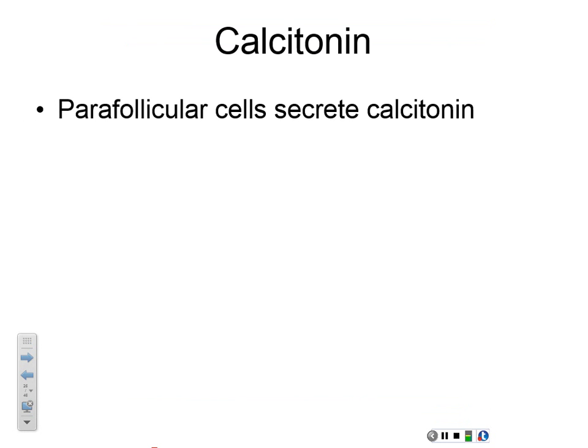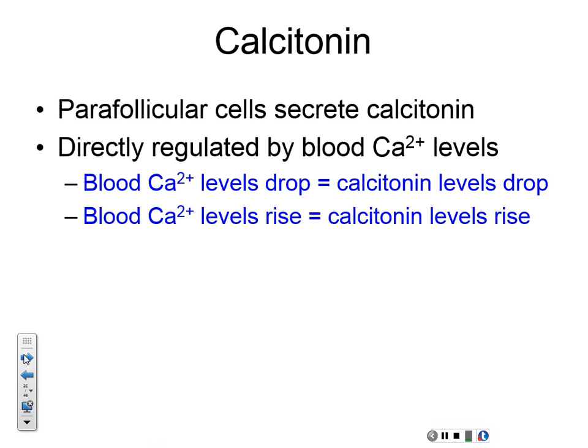Okay, so calcitonin. Remember, calcitonin is produced by the parafollicular cells that surround the follicles in the thyroid, and we talked about calcitonin already. We know that it will be secreted when blood calcium levels are high, so that it will cause the deposition of calcium into bone, okay, so it will stimulate osteocytes.